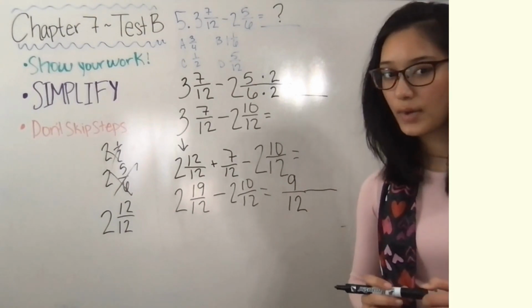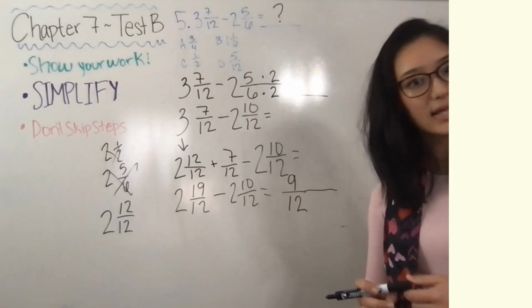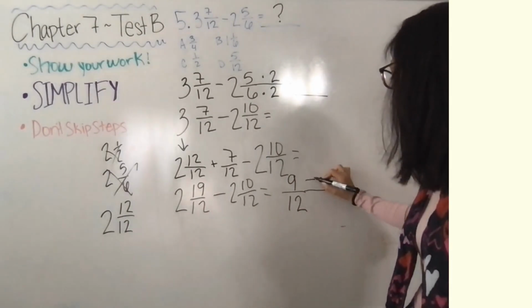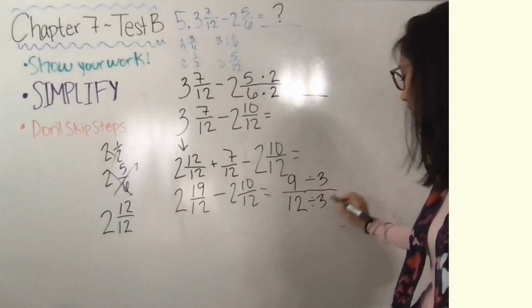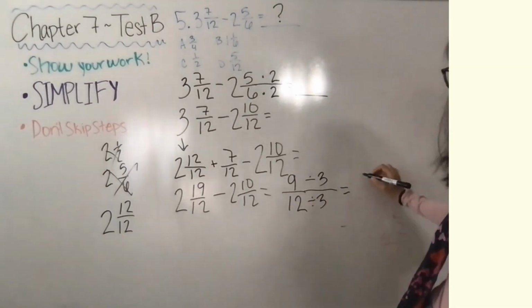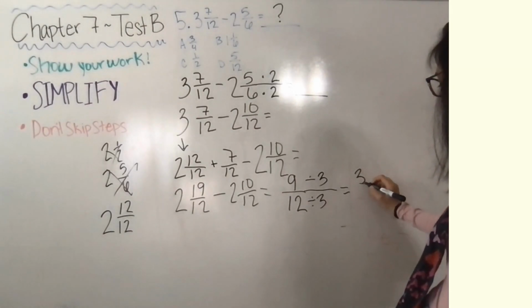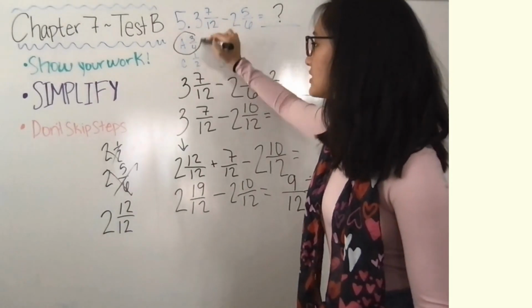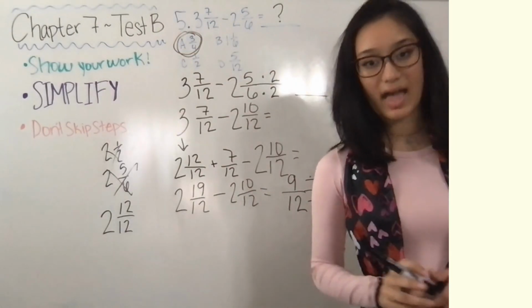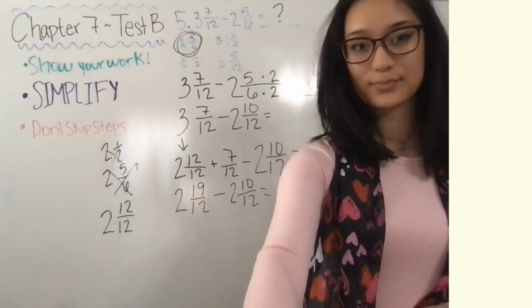Does 3 go into 9 and 12? It does. So you would divide this by 3, which would give you 3/4. And that's one of our choice answers. The answer is A, 3/4.